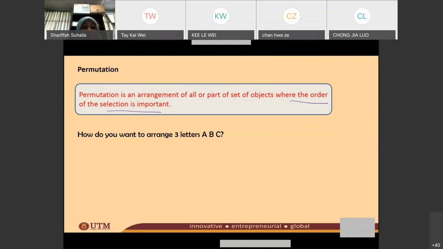So how do you arrange 3 letters A, B, C? Can you write what the alternatives are if we want to arrange 3 letters A, B, C? Maybe you can write in your chat message. List all possible outcomes first, instead of just giving me the answer.